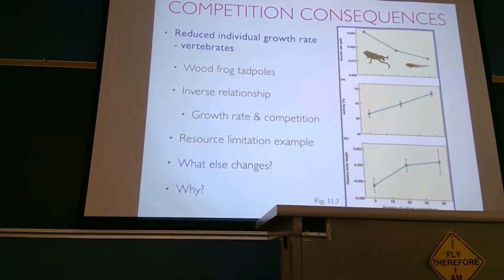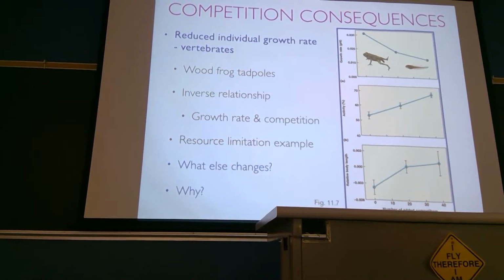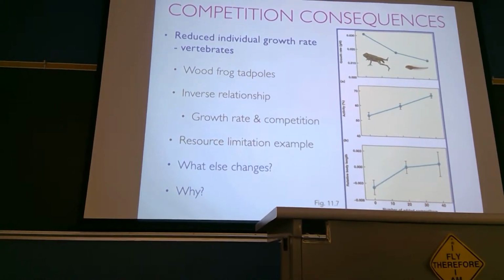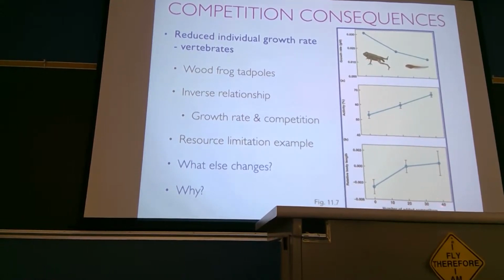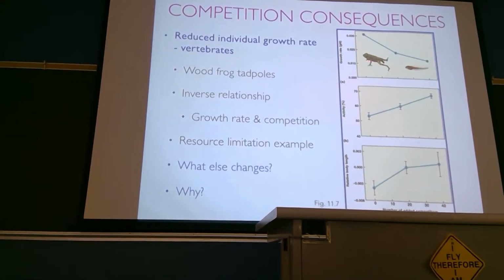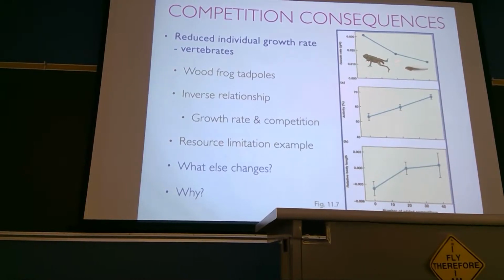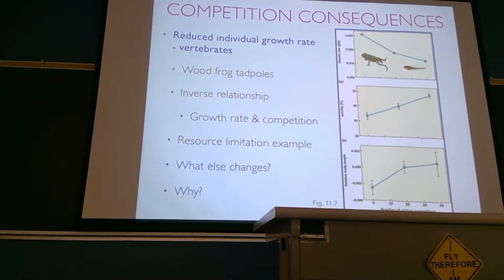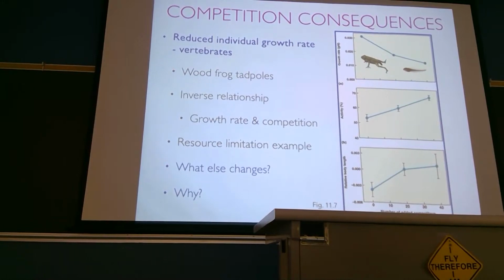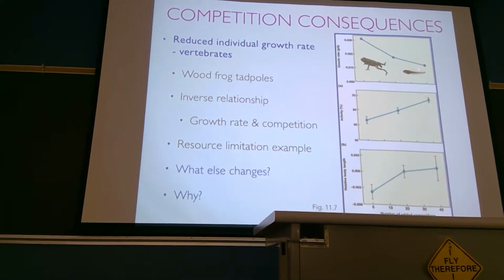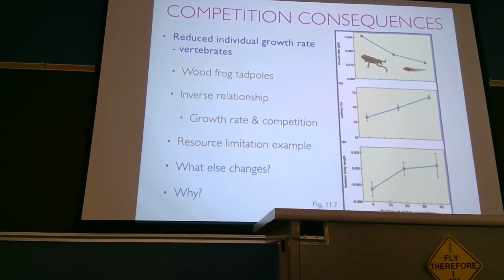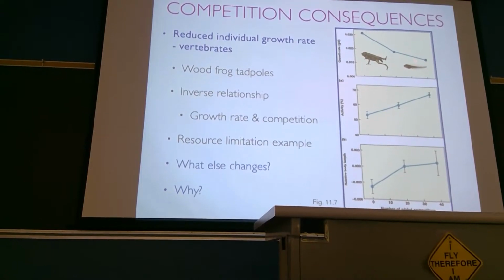And they looked to see what happened in terms of growth and development for the individual tadpoles. Again, they saw the same inverse relationship: increasing the number of tadpoles decreased the growth rate, in terms of grams added per day and how big they got in total at the end. Again, it's a really clear example of resource limitation. Because you have more tadpoles, they each get less food, and thus they're each going to grow smaller at the same age.